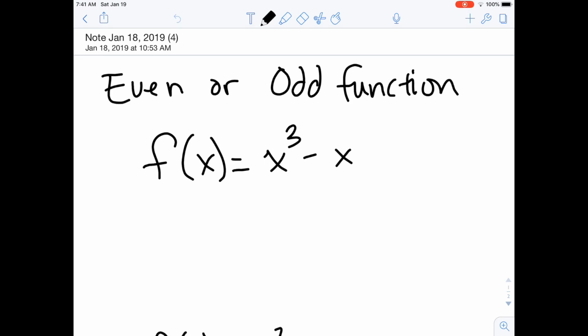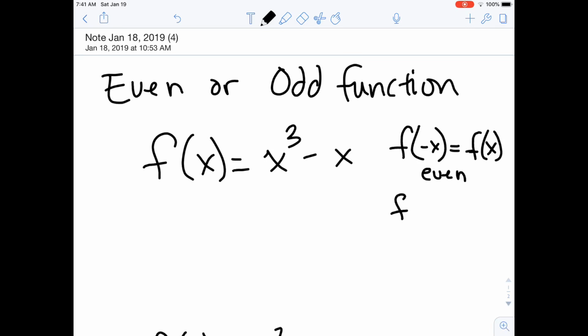And so how you determine this, it's kind of weird, is you're given an equation, f of x. If you put in f of negative x into your equation and you get the same function that you started with, you get the original equation out, that thing is considered even, okay?